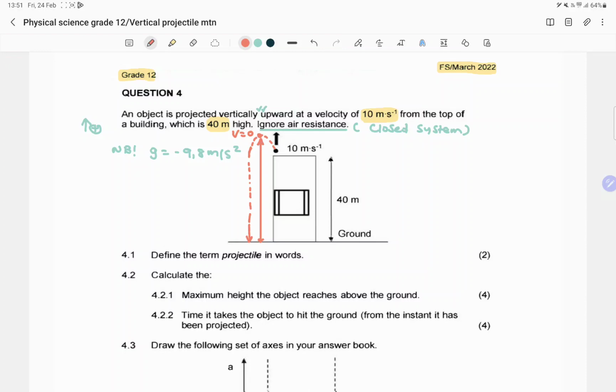At this point, we don't really need too much. We can just work with all that we've got because we were told that this one is 40 meters and it's already indicated. So let's just go to work.